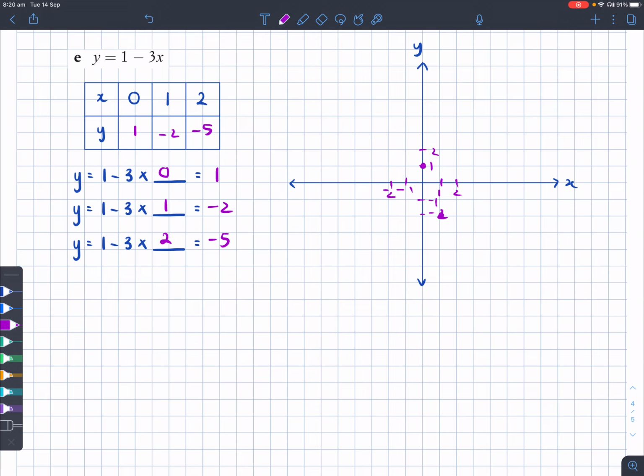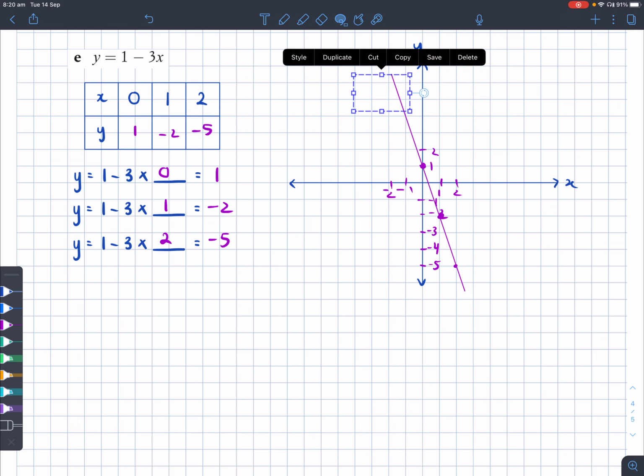And then 2 to the right, but negative 5 is 5 down. That's there. So we're just going to draw a straight line right there. And there's your graph for y equals 1 minus 3x.